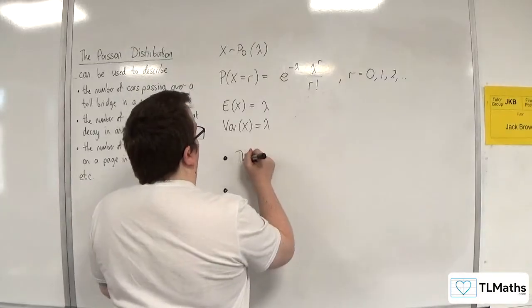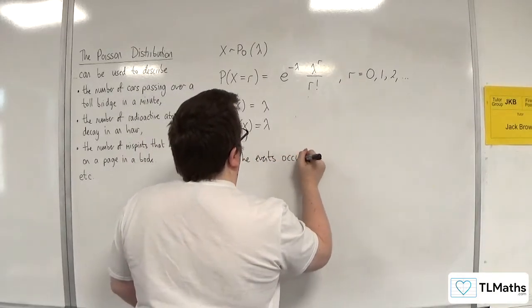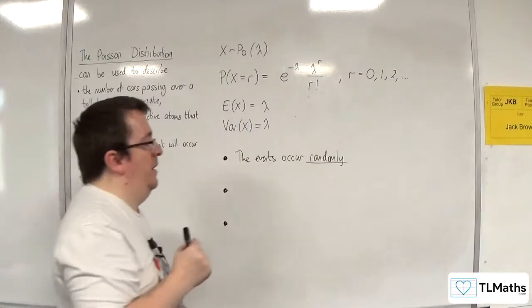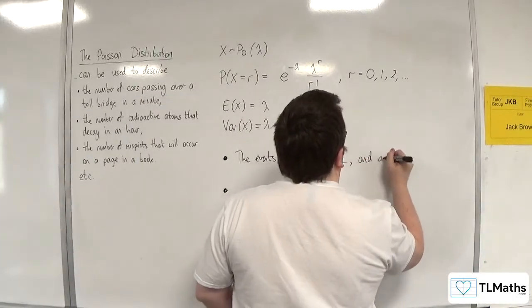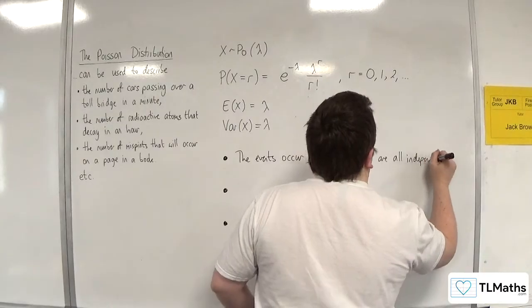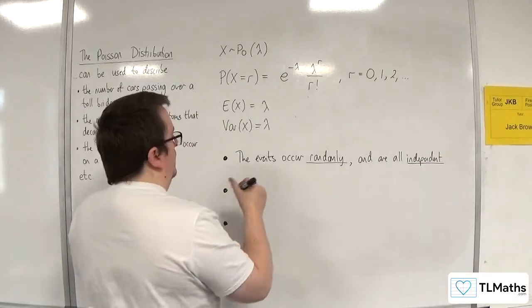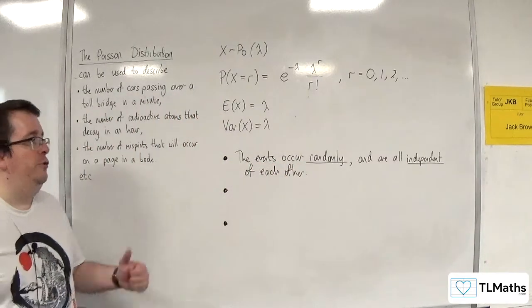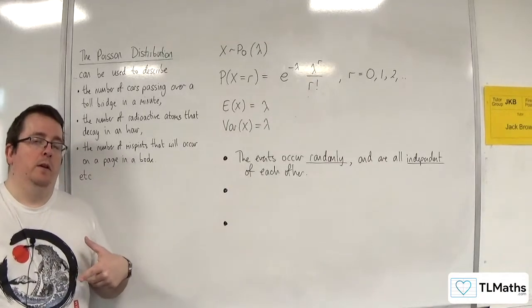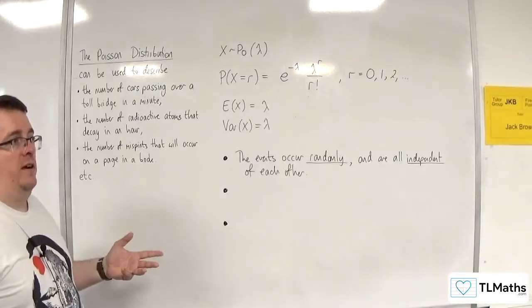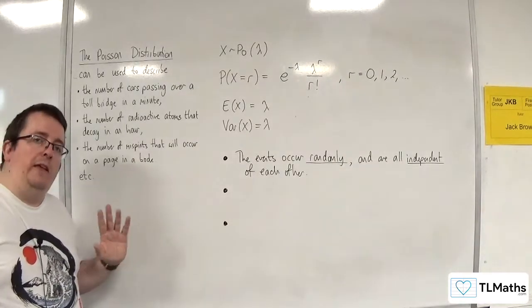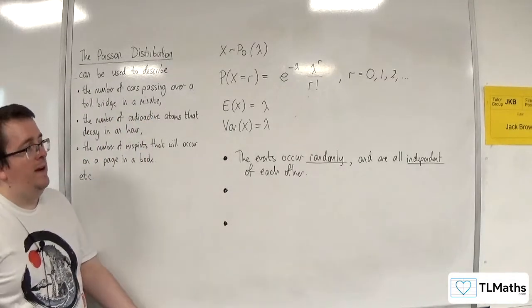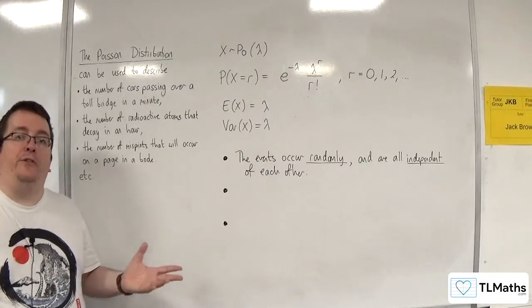So the events occur randomly, and are all independent of one another. So do the events occur randomly and independently? It may well be that you're given a scenario and you've got to describe whether you think a Poisson model would be appropriate. If you don't think the events occur randomly or they're not independent of one another, then that is something you need to explain.